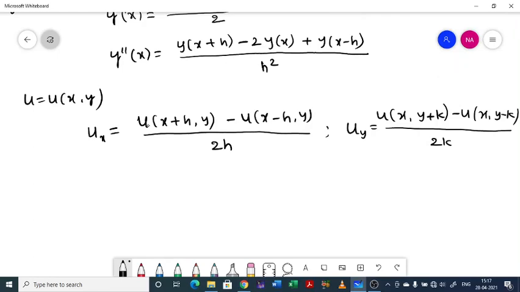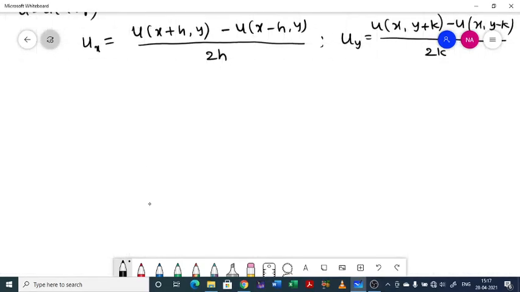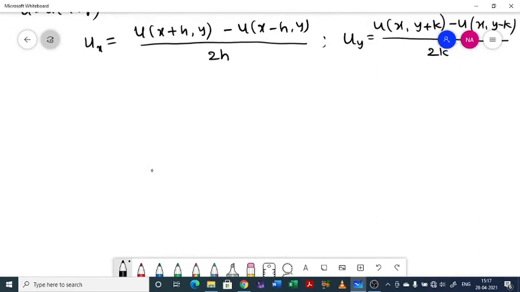Next is numerical solution of PDE, the general method we need to discuss. The general method I will discuss here, then we may consider the method for a particular equation.